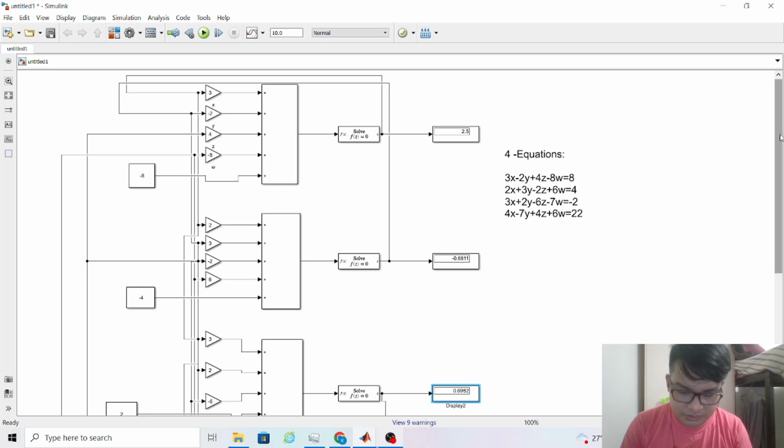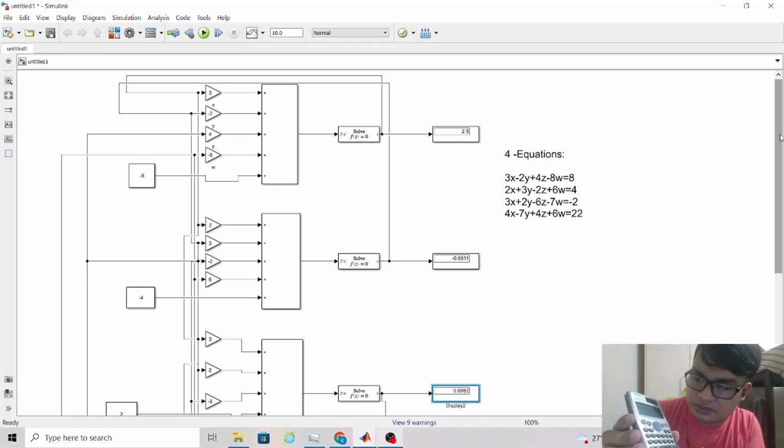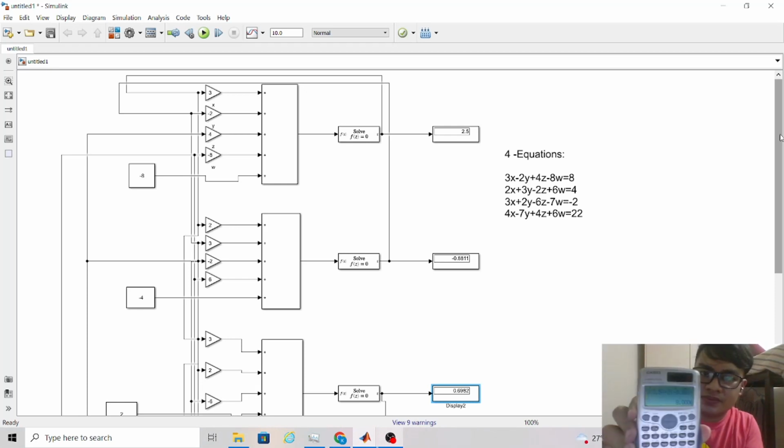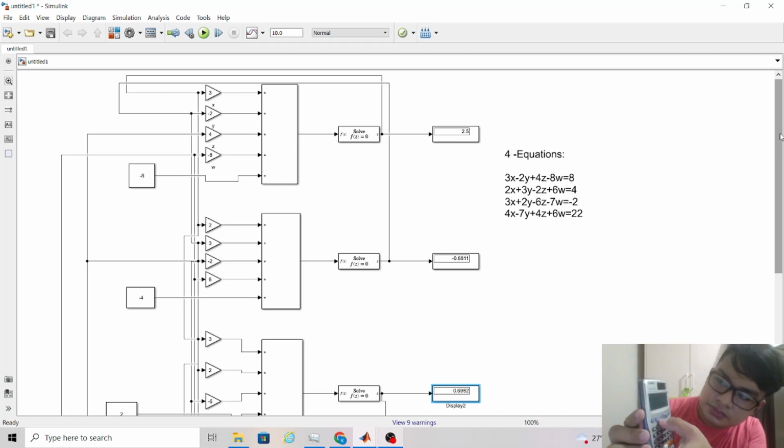So here's the value: 8.006, because of the decimal places.